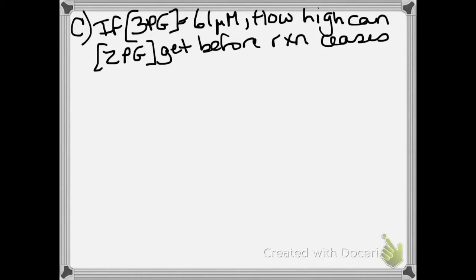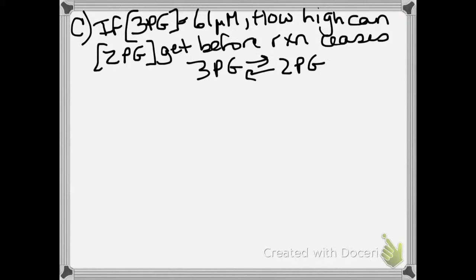This means that as written, 3-PG being converted to 2-PG no longer happens spontaneously. So the free energy change under the indicated conditions is no longer going to be negative. What it's asking is at what point is it going to switch in a positive direction?